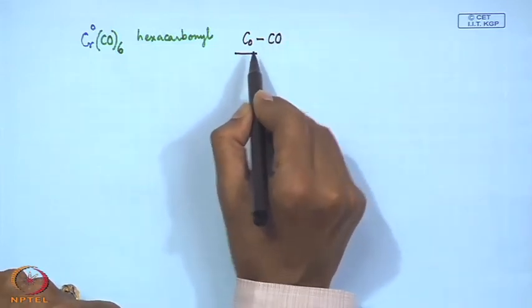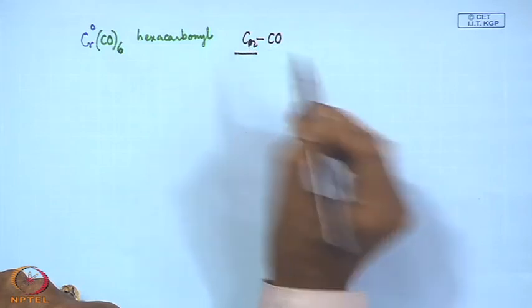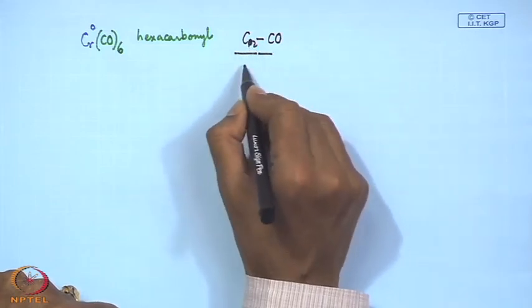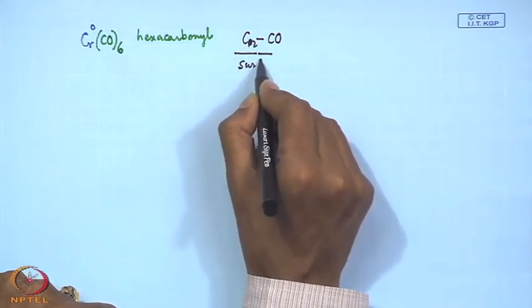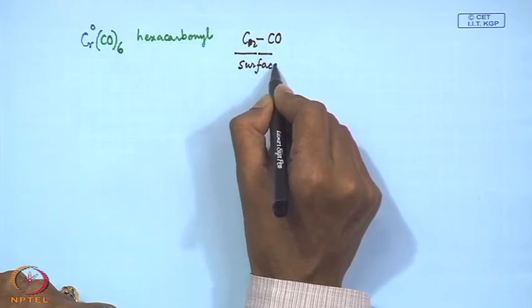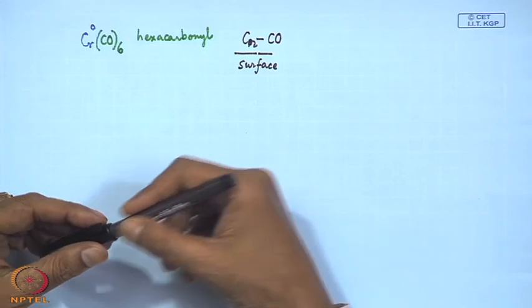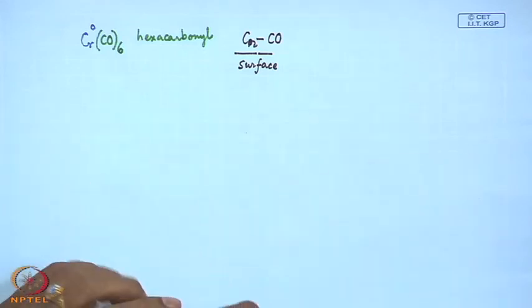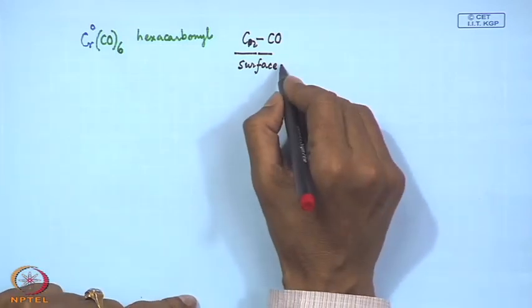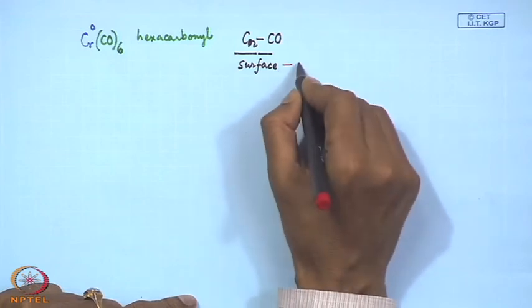So, the chromium surface can show some affinity for its interaction to the carbon monoxide molecule.